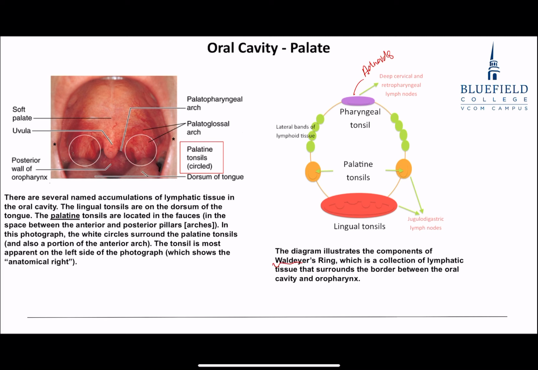Here are the lingual tonsils represented. That's what we saw on the posterior third of the tongue. Here are the palatine tonsils. This is, again, just some loose aggregations of lymphatic tissue, but then you have the pharyngeal tonsil in the nasal pharynx. So that's pretty much the oral cavity.